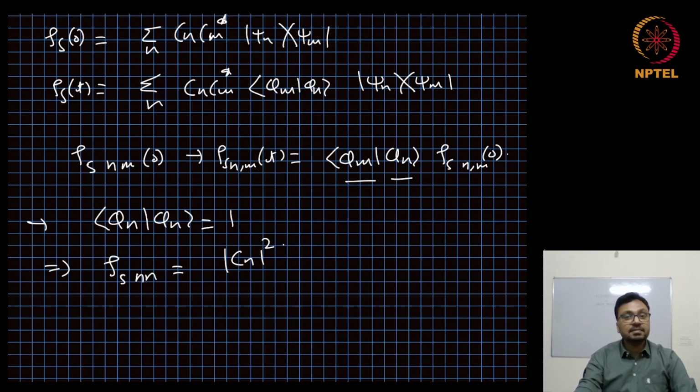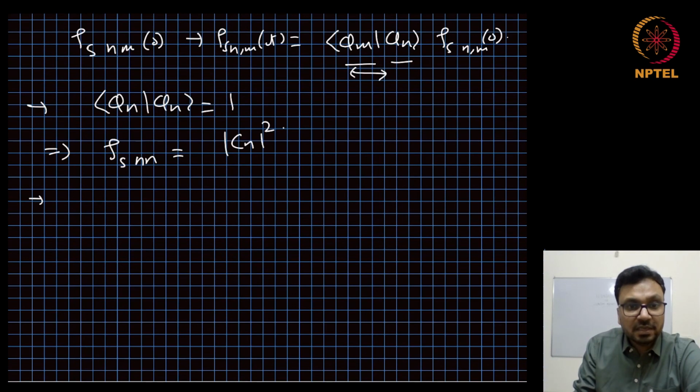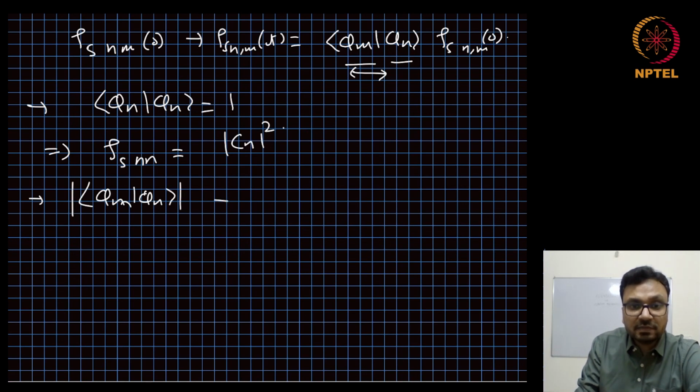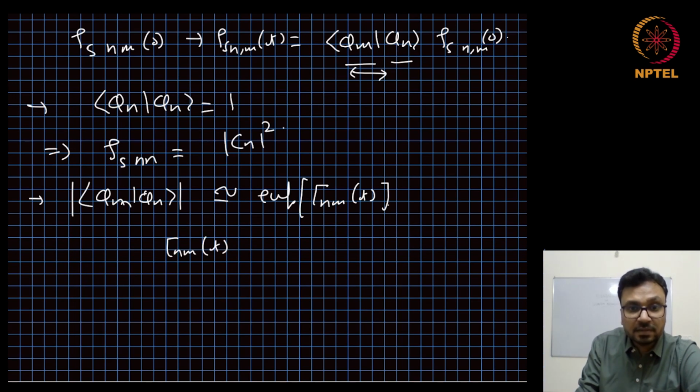The off-diagonal elements have the information about the time and they change with time, and the time dependence is given by the inner product ⟨φ_m|φ_n⟩. In general, the modulus of ⟨φ_m|φ_n⟩ is given by exponential of Γ_nm, which is a function of time. And Γ_nm is generally less than 0. It's a negative number.